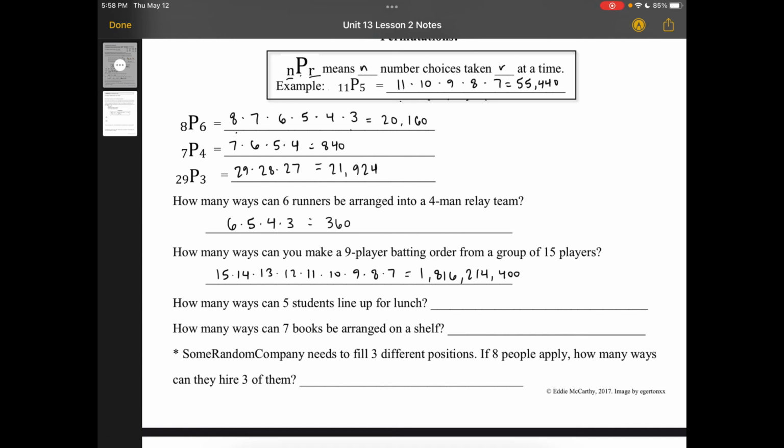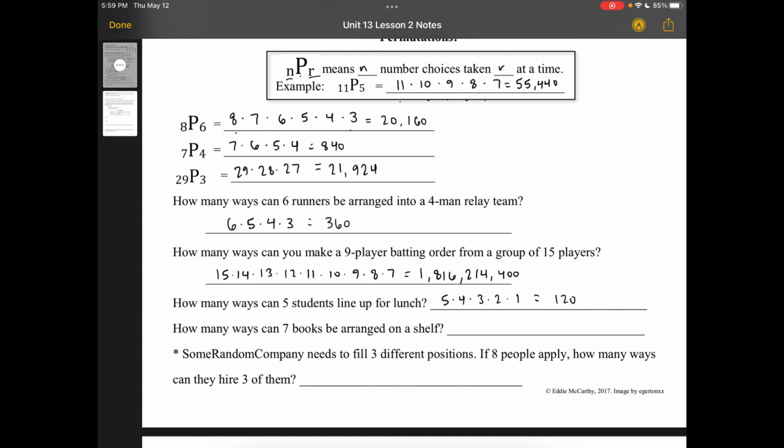There's 5 choices for the first, then there's 4, then 3 left, then 2 left, and then 1 left. Once we calculate 5 times 4 times 3 times 2 times 1, we get 120.